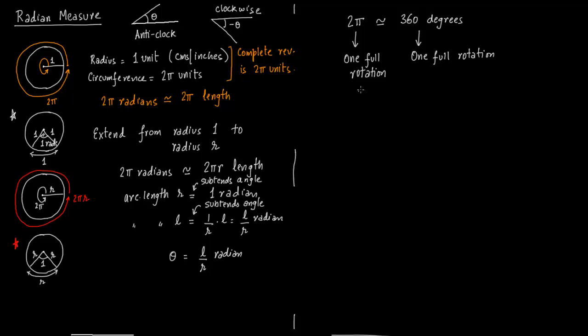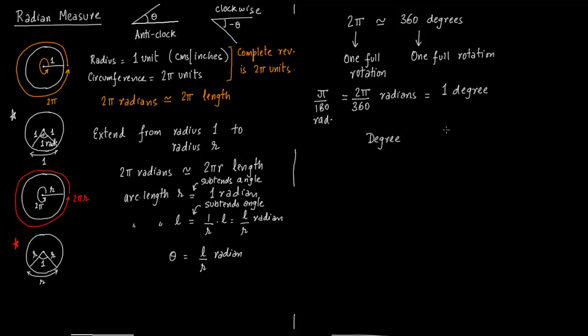So 1 degree is equal to 2 pi divided by 360 radians. This is equal to pi by 180, since you divide numerator and denominator by 2.